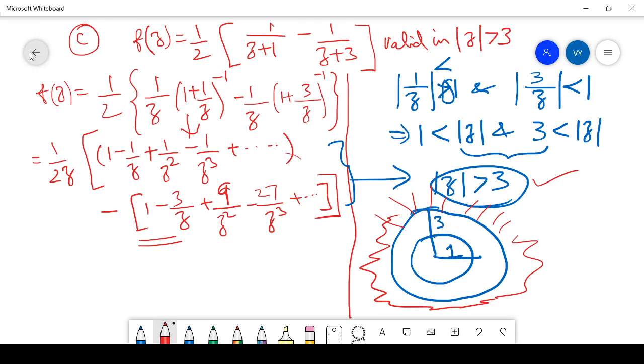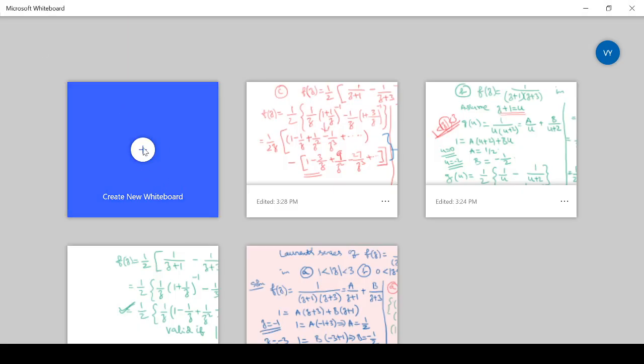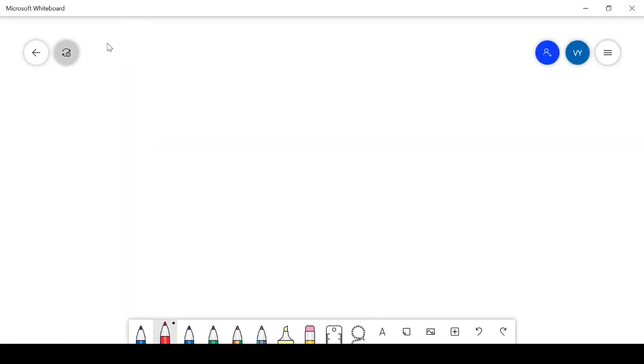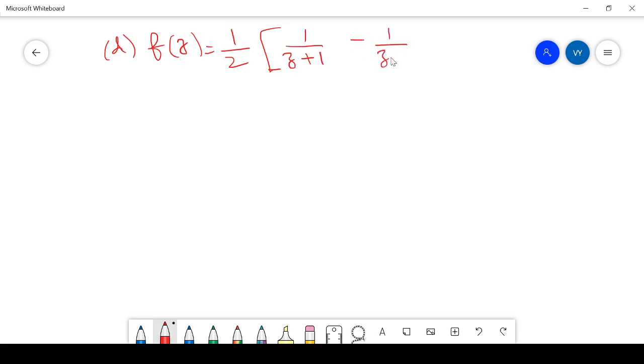Okay. Now for the fourth subdivision D, again I take the value of f of z as obtained in part A, 1 by 2 times 1 by z minus 1 minus 1 by z plus 3, and validity here valid in mod z less than 1.